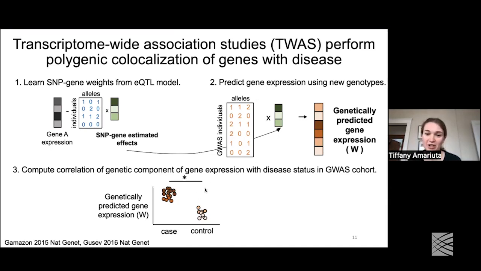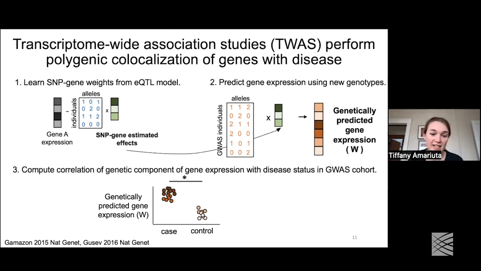Or in this cartoon example, I'm actually talking about the GWAS cohort, but for reasons of obtaining genotypes from GWAS cohorts, which is very difficult, this exact implementation of TWAS is not the one we will use. We will be using the summary stats-based version. But effectively, what you would do is predict gene expression into this new cohort of individuals. And now we have a quantity that we refer to as genetically predicted gene expression.